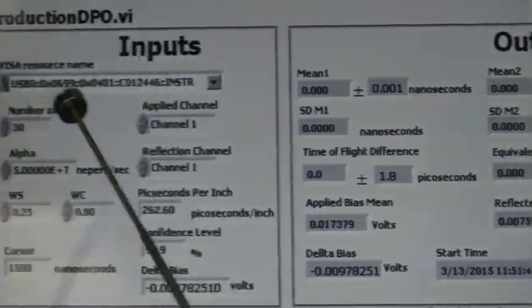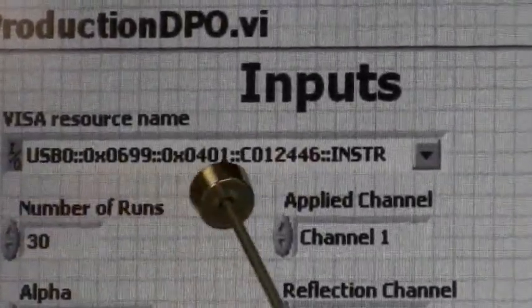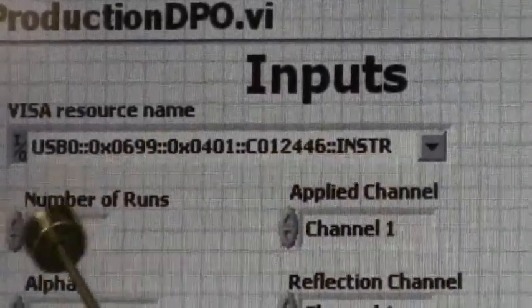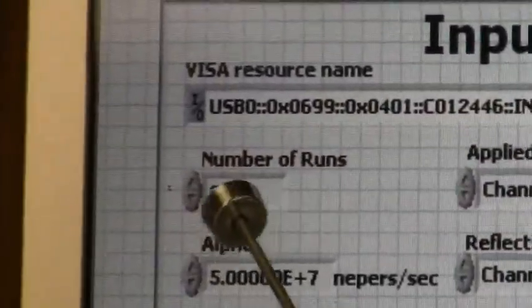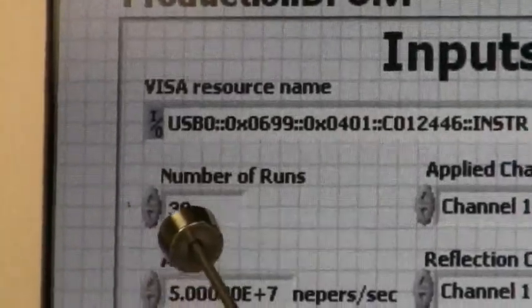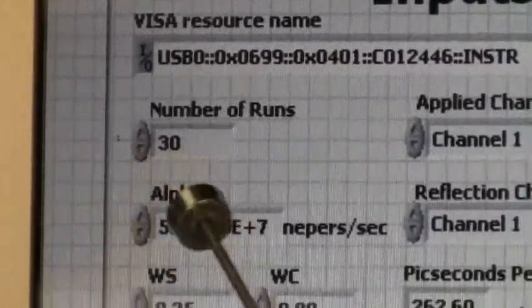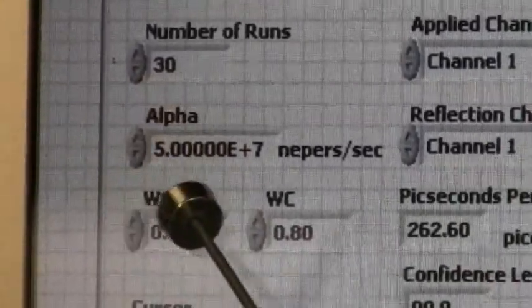Over here on the inputs, this tells us what scope we're using, and this one tells us how many measurements we're going to be making. It'll be double that, turns out, 60 instead of 30.